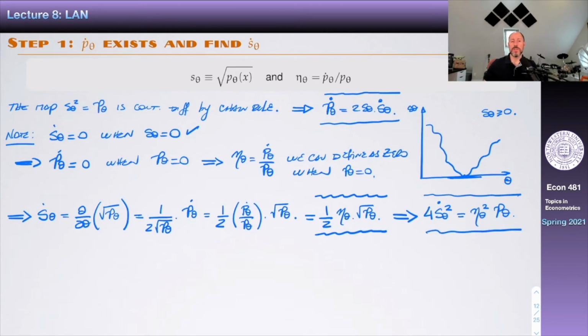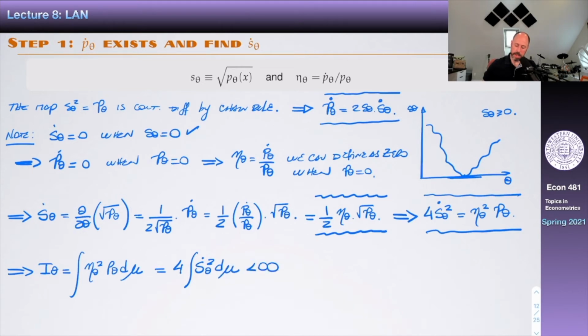And why is this useful? Because before we said the Fisher information, I theta, was the integral of eta square P theta d mu. And so we're saying that the Fisher information we can write as 4 times S dot theta square d mu.